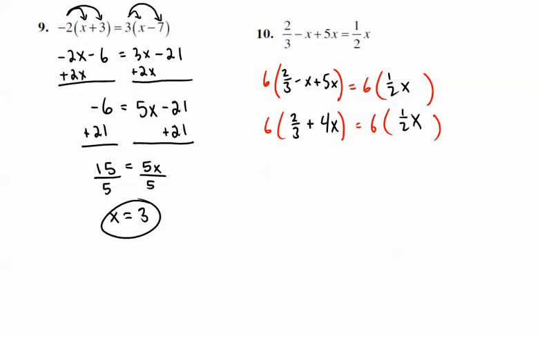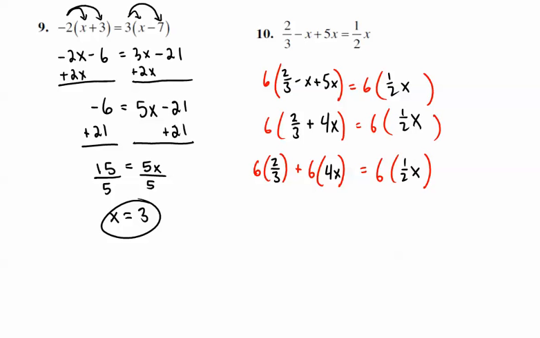All right, now I'm going to multiply both sides by 6. And I'm going to take this in slow motion, so to speak, and distribute that 6 to both terms on the left side, and obviously distribute the 6 to the one term on the right side. So I'm going to multiply 6 times 2/3, and 6 times 4x, and 6 times 1/2 x. Again, you don't have to show all of this work, but it's helpful at the beginning so that you make sure you're not doing it incorrectly.